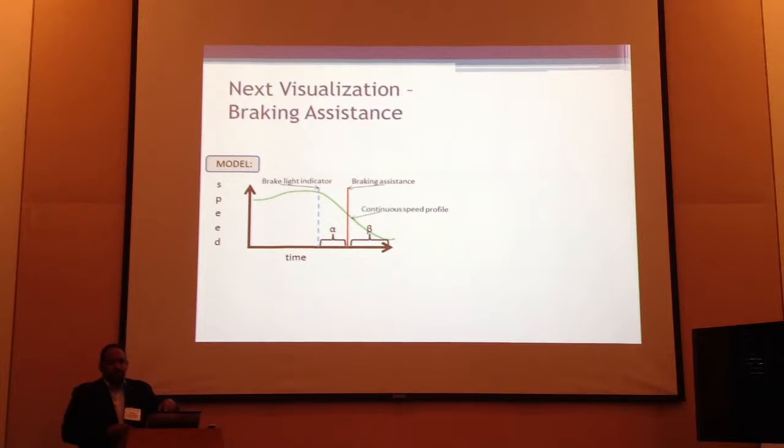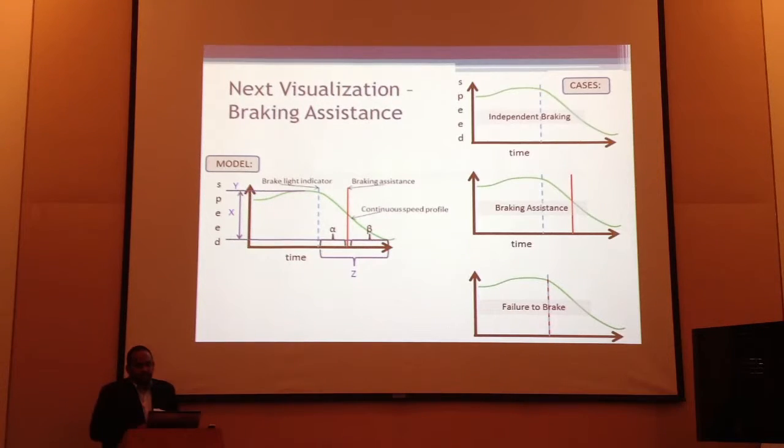Apply that speed profile onto the braking event. You'll know when the brake of the vehicle was engaged, when assistance was provided by the evaluator, and with the context of that continuous speed profile, you really get a sense of the severity of the event and the frequency of these occurring during naturalistic driving.